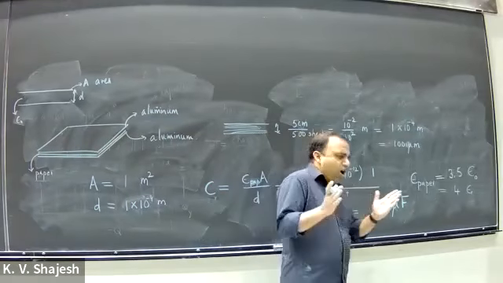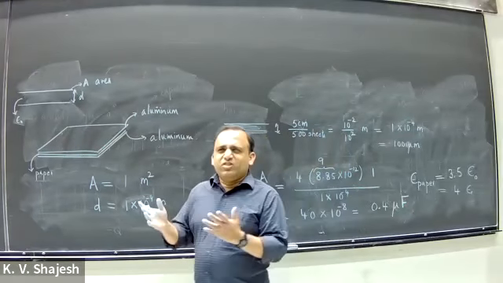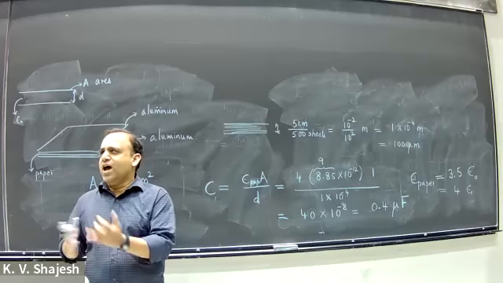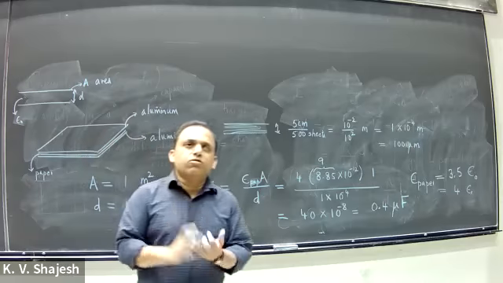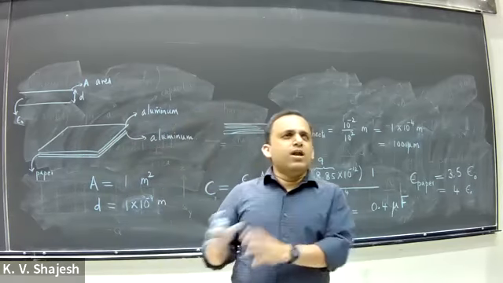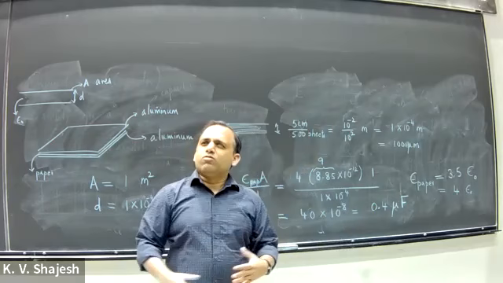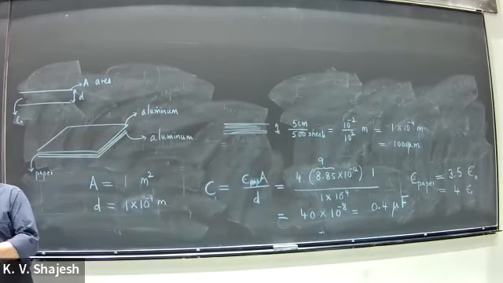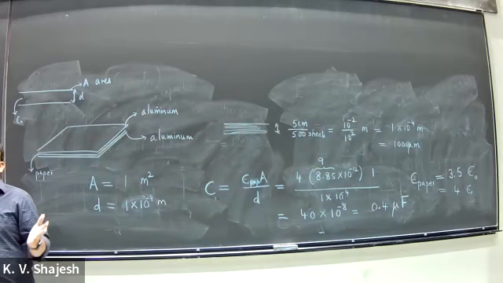Remember the charges, how much charge is typically available. We said it is microcoulomb or nanocoulomb. Nanocoulomb is a small amount of charge, microcoulomb is relatively big, and about 10 microcoulomb is a lot of charge. If you go to 1 coulomb, that's typically too large.